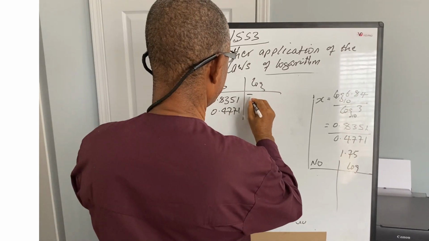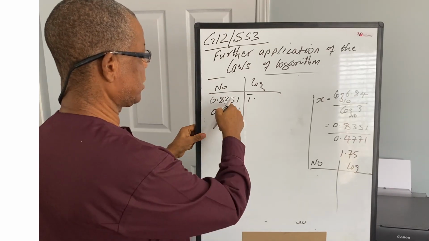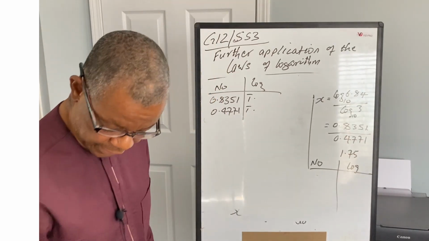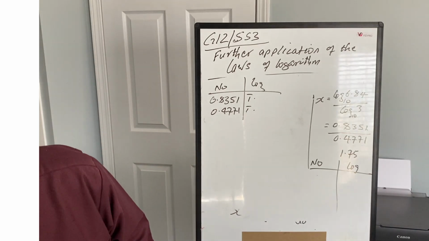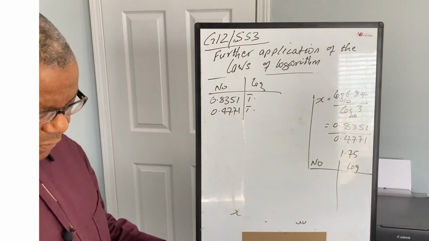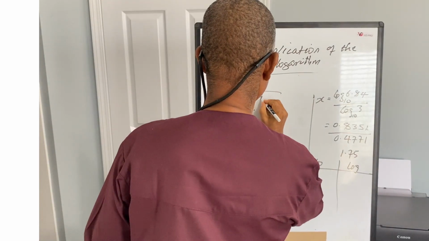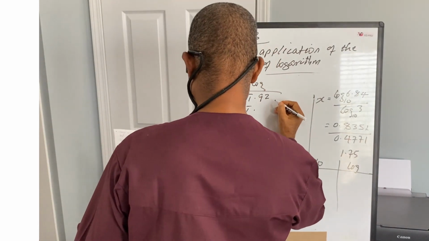The integer here is about 1 point. You check for the log of this from your 4-figure table. This will give you 92.9218.